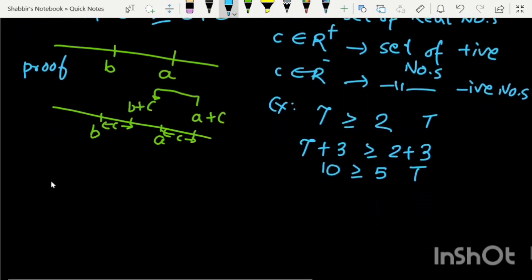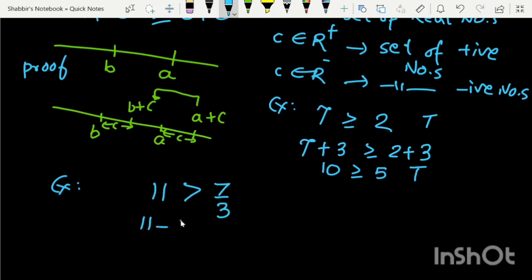For negative also, for example, 11 is greater than 7 by 3. If I add minus 1 by 3 to both sides, from here to here I added a constant C which is negative in this case.